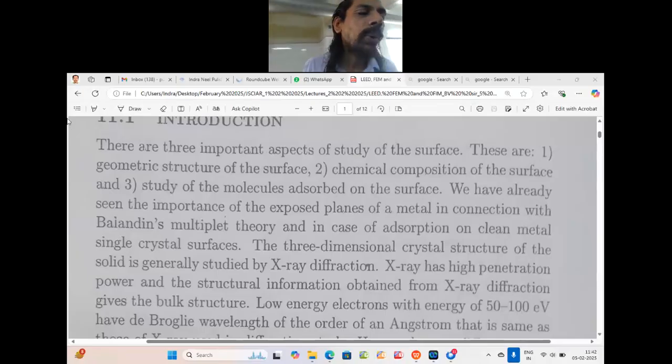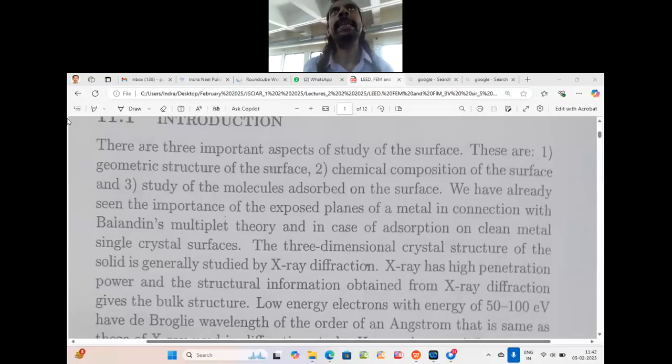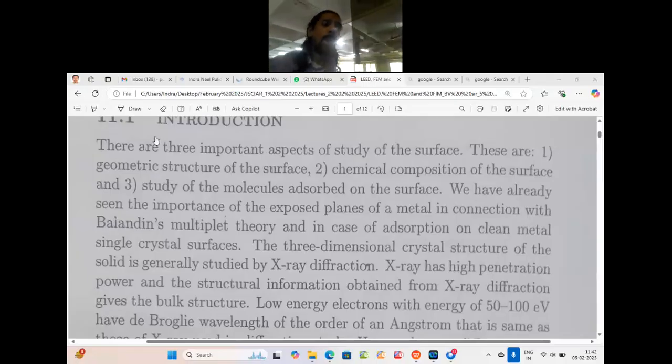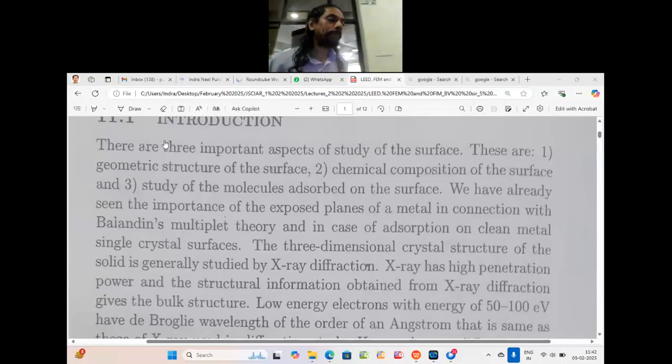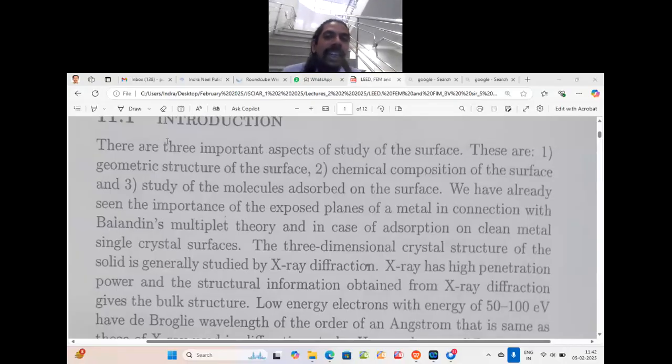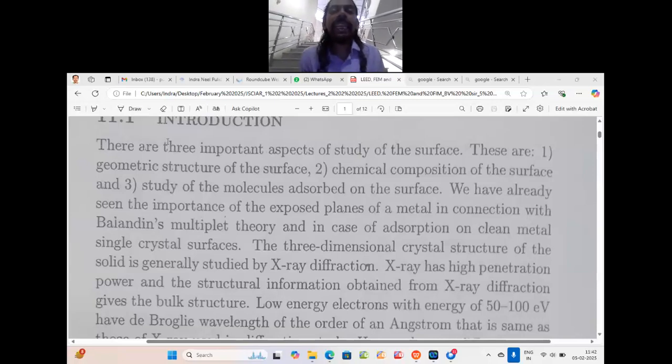So we can always calculate the binding energy of the electron that is ejected from the core level so that we can get information on the element from which the electron is ejected.